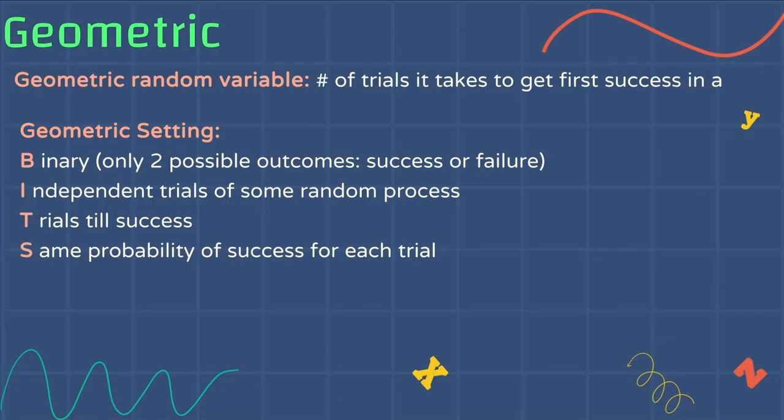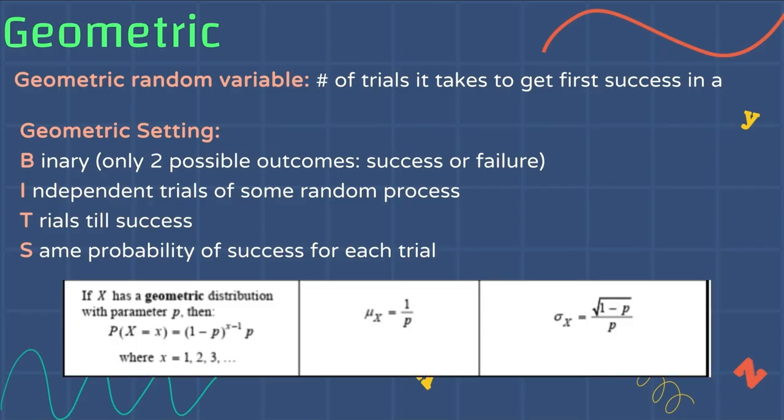And then I stands for independent trials of some random process. T stands for trials till success, which really makes the geometric distinct from the other one. And then S stands for same probability of success for each trial. So the formulas are also given on the reference table, which I will not be going over.